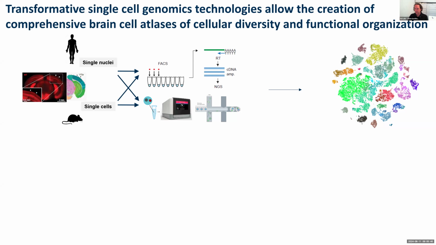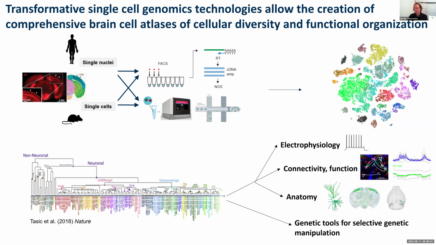The tools of genomics have come to the rescue of the complexity of the nervous system to be able to systematically decompose the nervous system into its components. But unlike the history of the field, where one might have defined cells by the cell's anatomy or their connections, we now define the cells by the genes that they use.